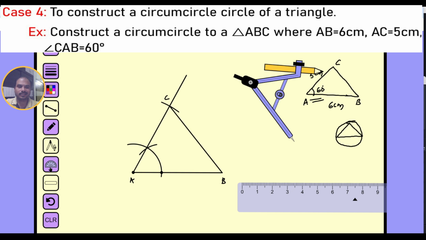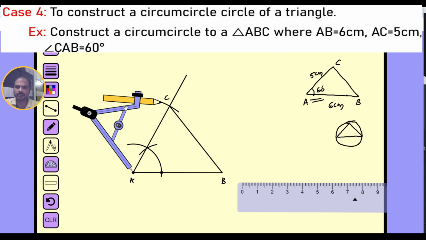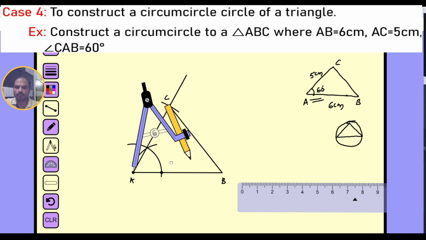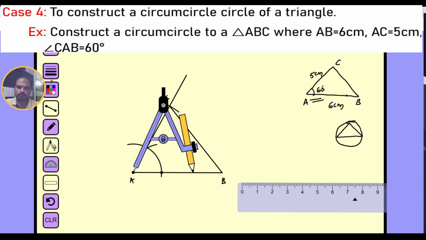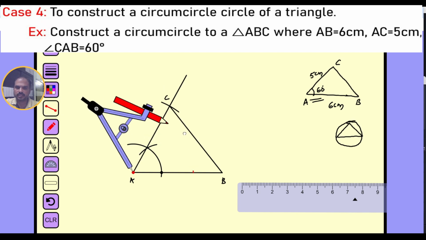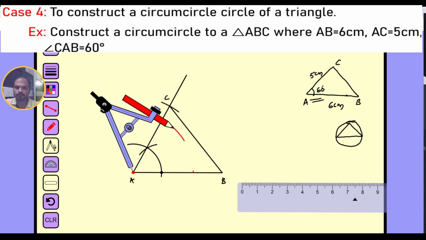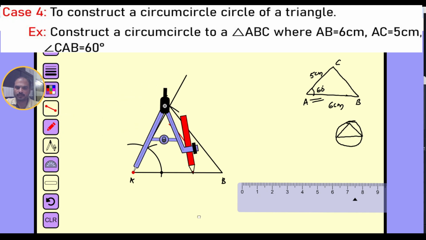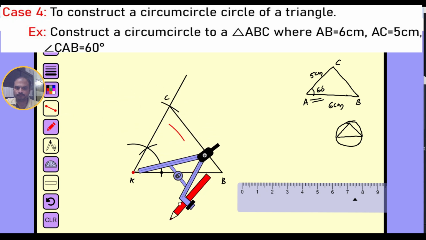Now if I want to construct the circumcircle, children, keep in mind I need to draw the perpendicular bisector of any two sides. You know what to do to construct a perpendicular bisector. Take more than half, one arc up, one arc down. So this is the perpendicular bisector of AB I am drawing now.